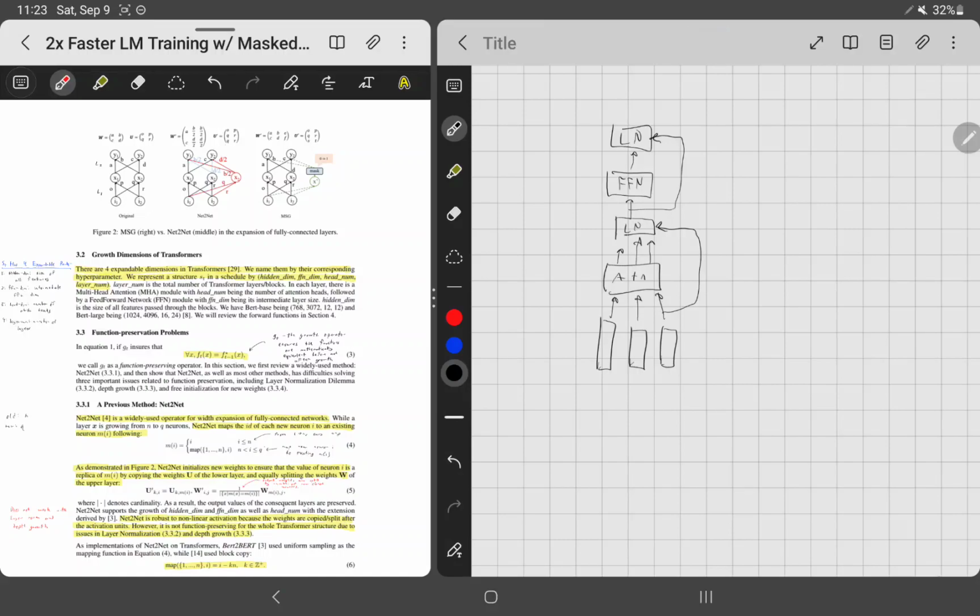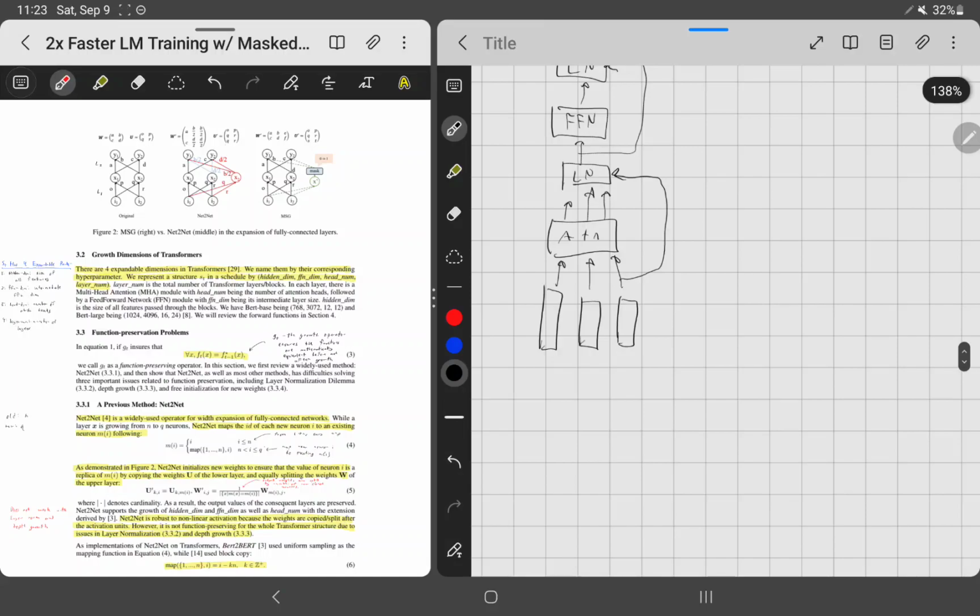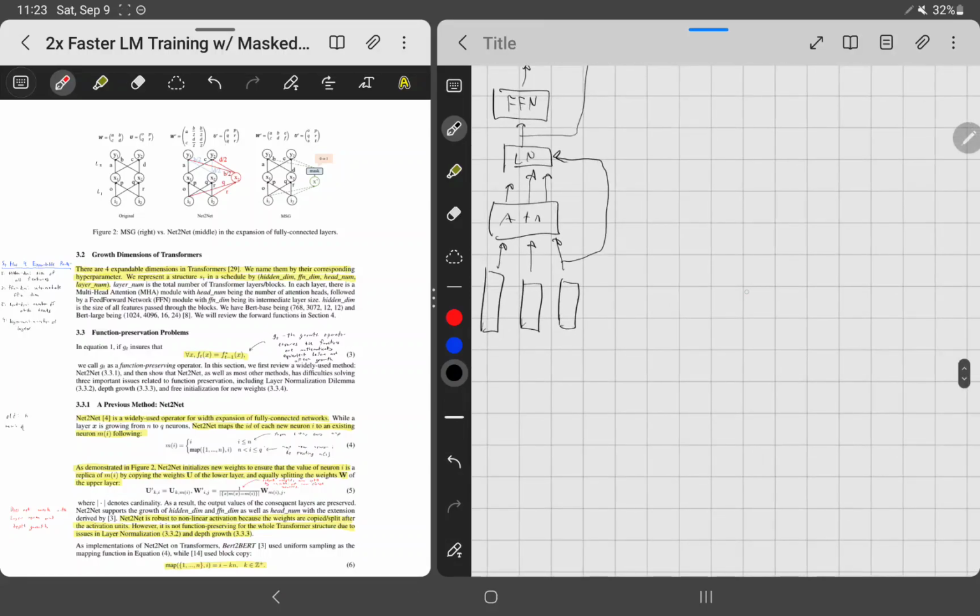Now, if we want to increase the number of parameters, the idea is, since a transformer is just using linear layers in all of its components, the attention mechanism has 3 linear layers: one for the queries, one for the keys, and one for the values.